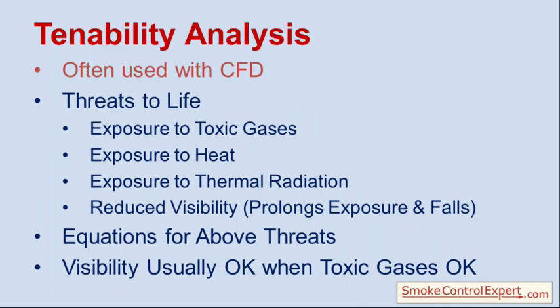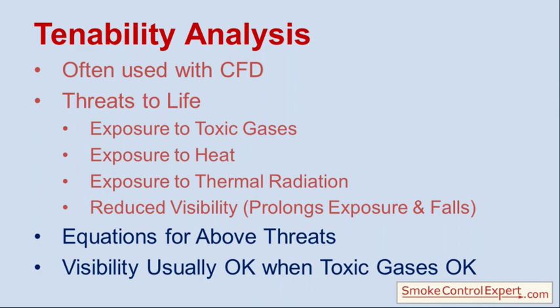Tenability analysis, this is used a whole lot with CFAST, and we're talking about the threats to life: exposure to toxic gases, exposure to heat, exposure to thermal radiation, and reduced visibility. And it may seem, if you're not familiar with this, that it's almost a non sequitur to have these exposures and then we talk about reduced visibility, but you become disoriented in a fire, and then that prolongs your exposure to these other threats above.